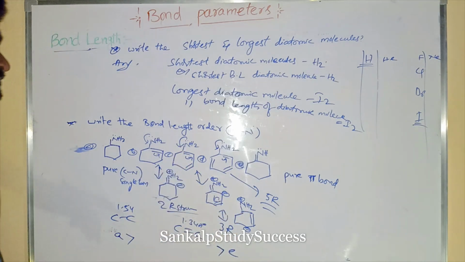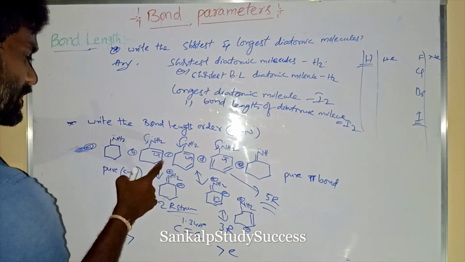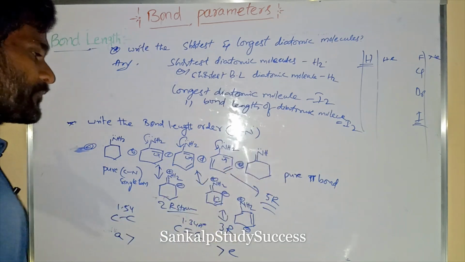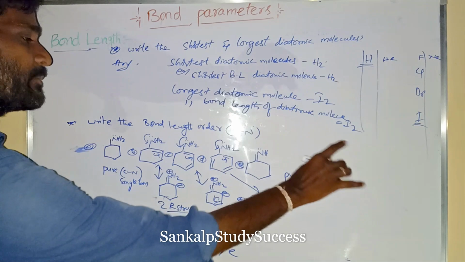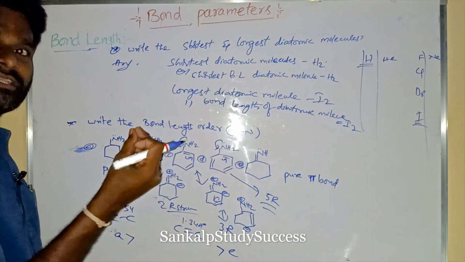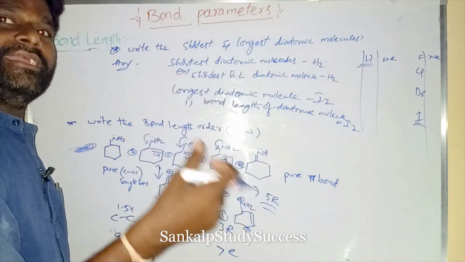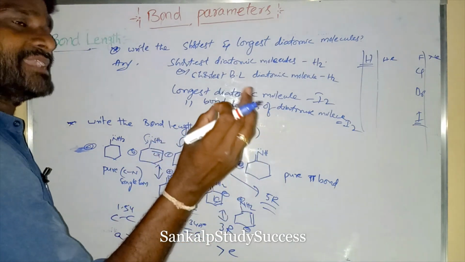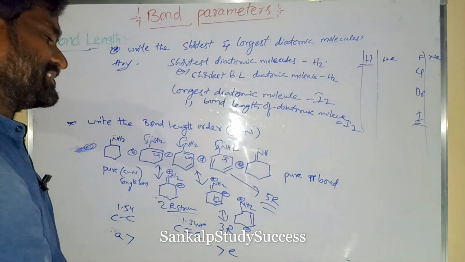The bond length of a partial pi bond is more than that of a pure pi bond. A pure pi bond has higher overlapping, and if the overlapping is more, the atoms come closer and the bond length decreases.